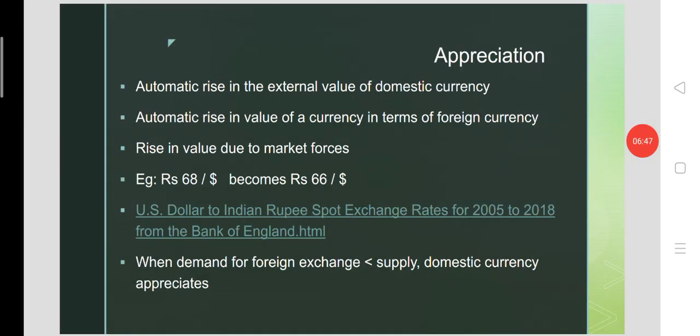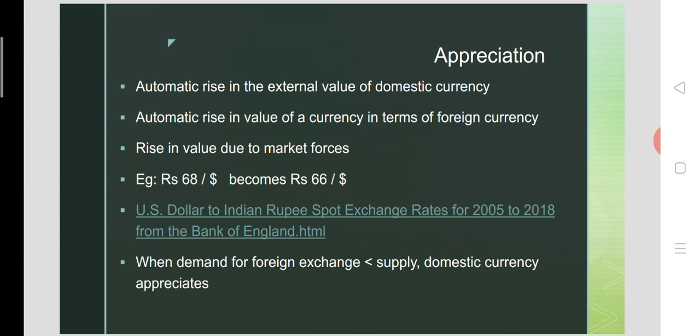So let's look at another hypothetical example given on the slide. For example, before appreciation, 68 rupees are required to pay for $1. It has become, after appreciation, 66 rupees per $1, or in order to buy $1 we need to pay less rupees after appreciation.